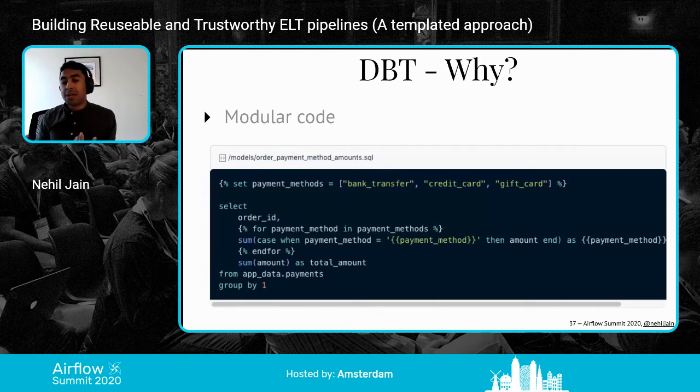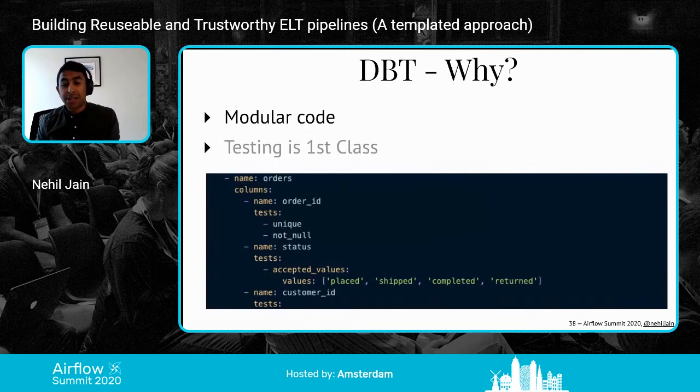And dbt achieves that by using supercharged SQL, because they sprinkle Jinja in between, so you can have reusable components. You can define your revenue formula once and then use it everywhere downstream. And with dependency, you will know what all the models are that actually depend on the revenue formula as well.